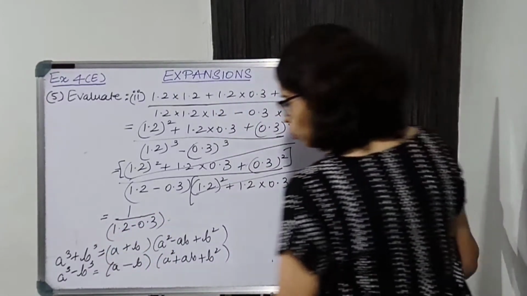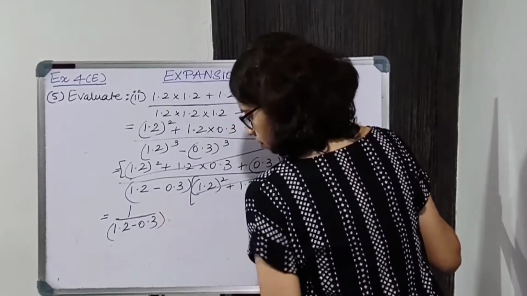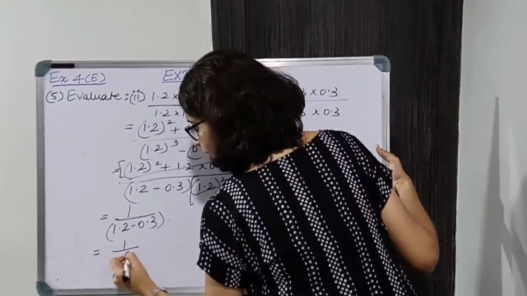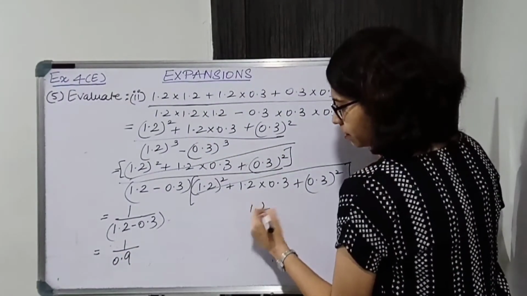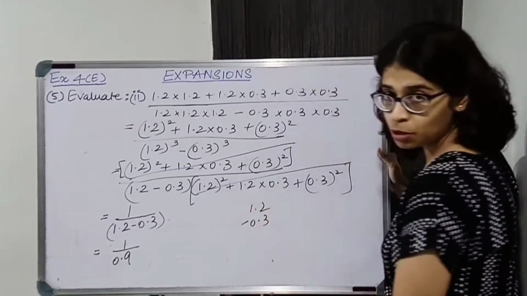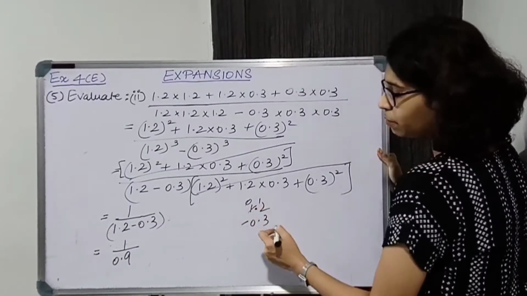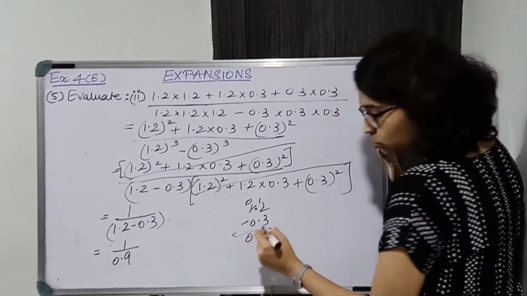Okay, so 1.2 minus 0.3 gives 0.9. Okay, please don't get confused, it is only the decimal point. So 1 0 cancel out. Okay, 12 minus 3, that will give 9. Please don't forget to put the decimal point. It will become 0.9.